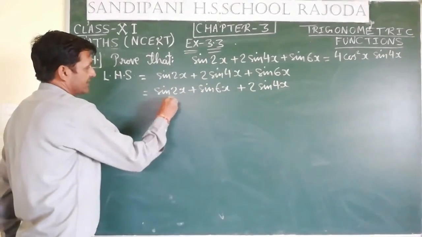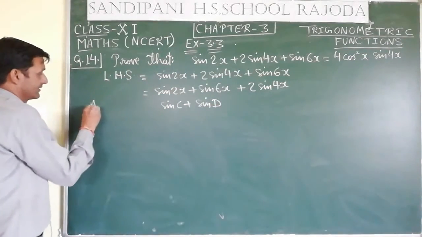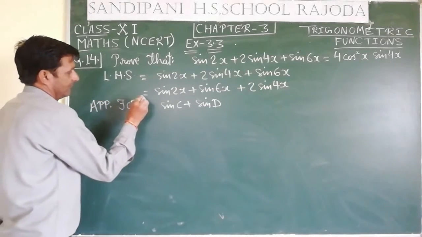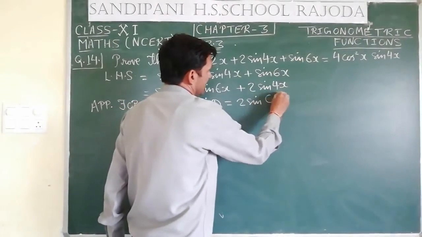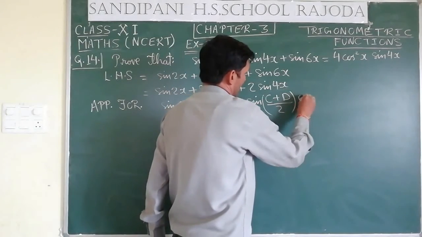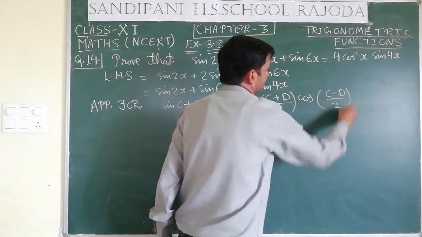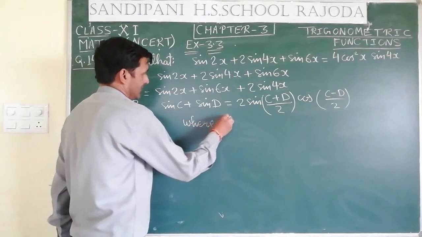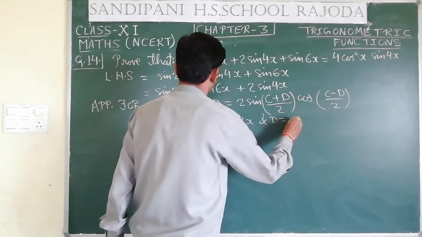Now see, sin c plus sin d, applied formula it is. Sin c plus sin d is equal to 2 sin (c plus d) by 2 cos (c minus d) by 2, where c is equal to 2x and d is equal to 6x.